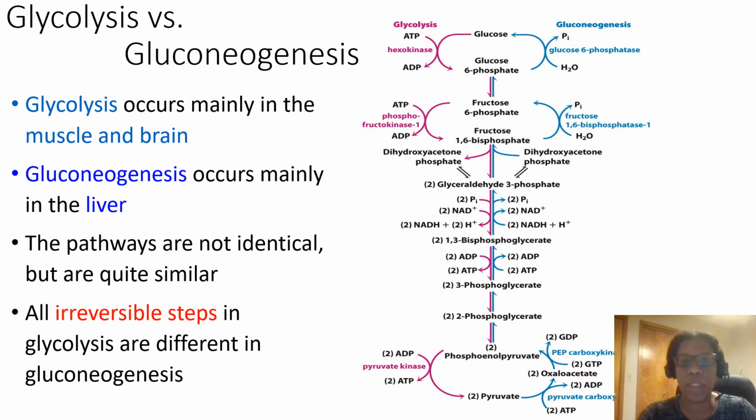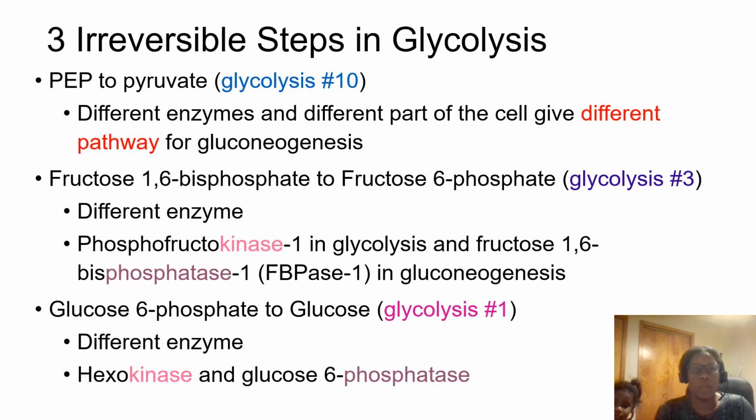It's an irreversible step, so that enzyme is not utilized in gluconeogenesis. And the last step is different. We actually are going to add a step in gluconeogenesis and not utilize pyruvate kinase. So we're just learning four more enzymes in order to perform gluconeogenesis. We will go over and memorize the three irreversible steps in glycolysis that utilize different enzymes in gluconeogenesis.